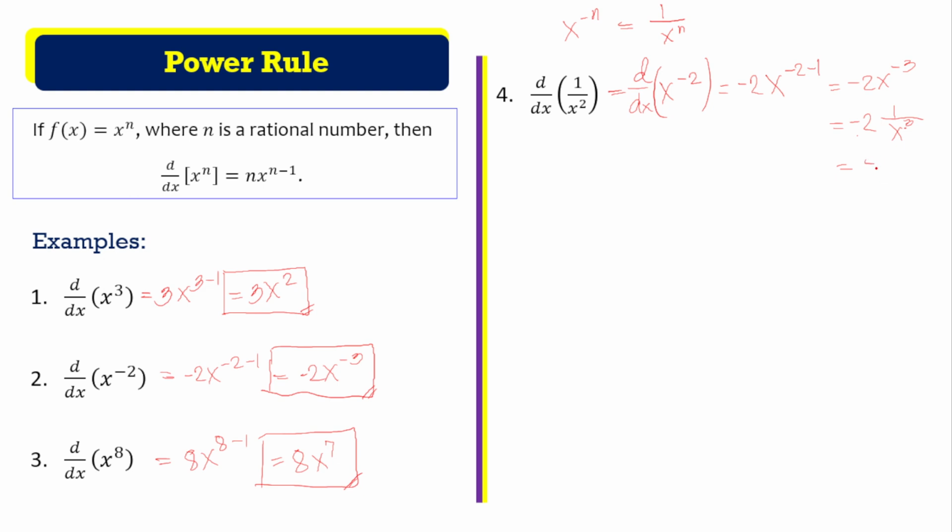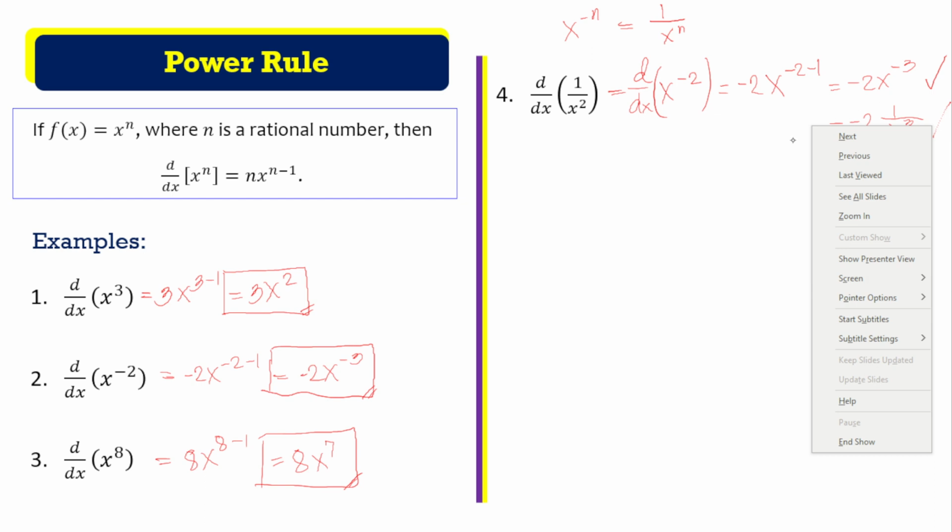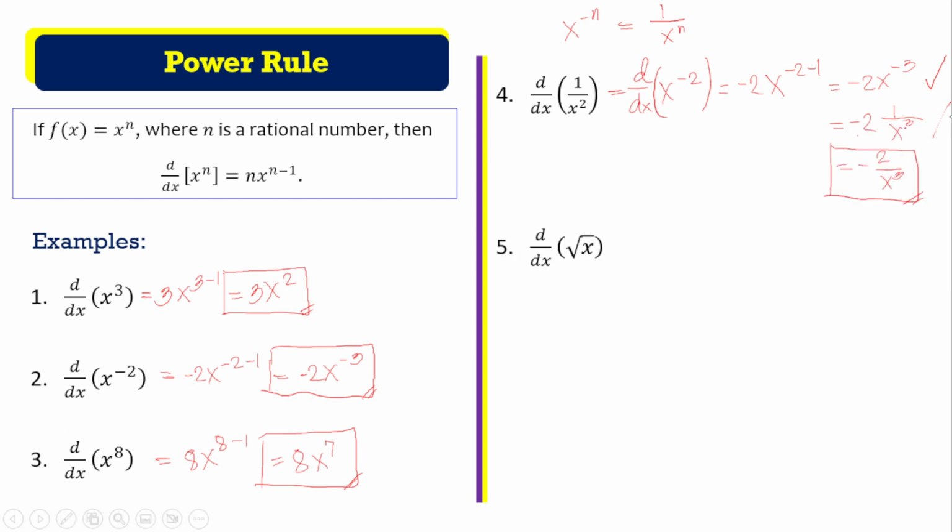So write negative 2, then the denominator will be your original denominator, x cubed. And you could have that as your final answer. That's just the art of writing the final answer. But if your answer is just this, that's okay. They have the same value. If your answer is like this, that's okay. They have the same value, right? So they are the same.